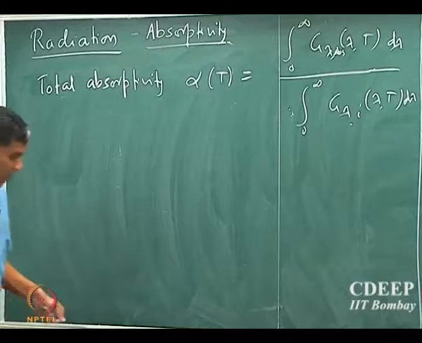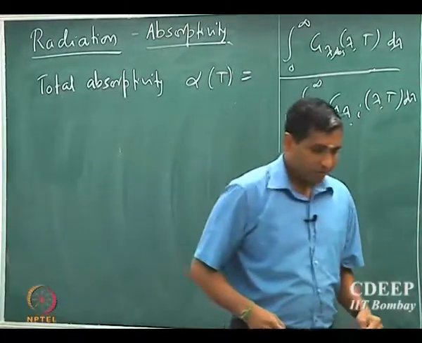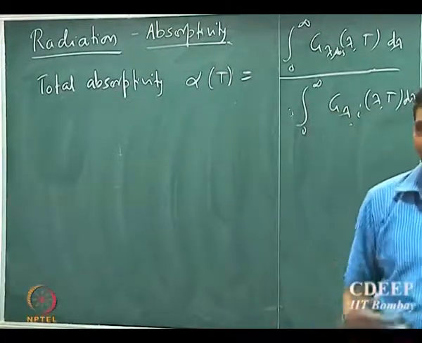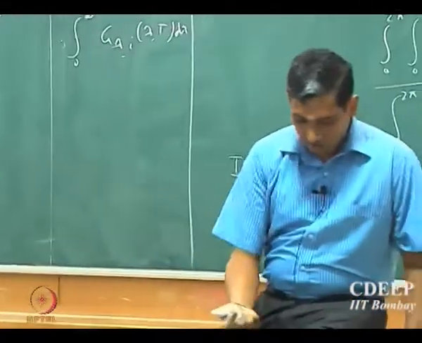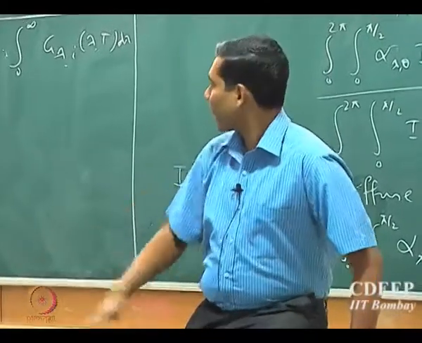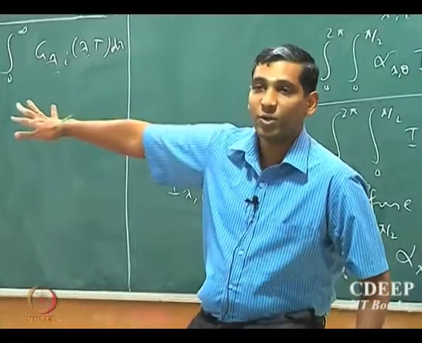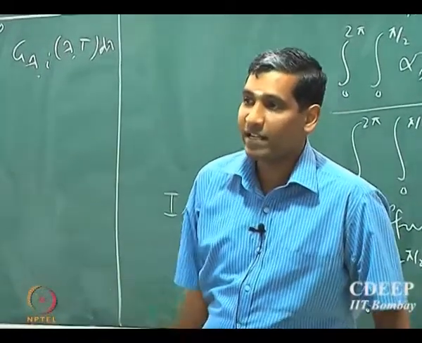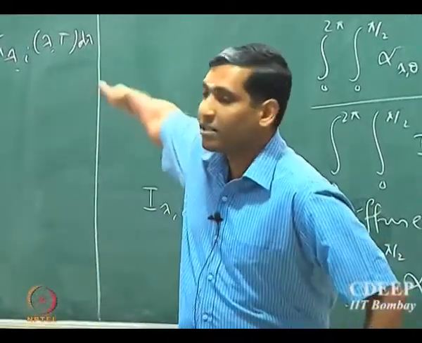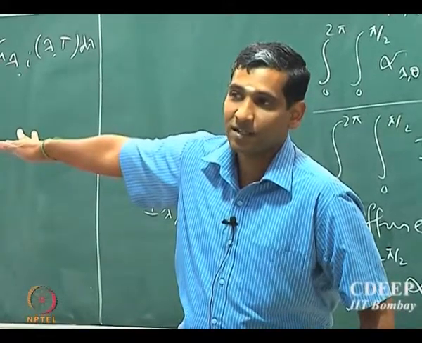I'm sure most of you would have practiced how to write these integrals and understand what they are. You have to practice a lot more to get a feel of how to write these spectral hemispherical quantities, because any time you deal with any radiation problem, you're going to see this all over the place.